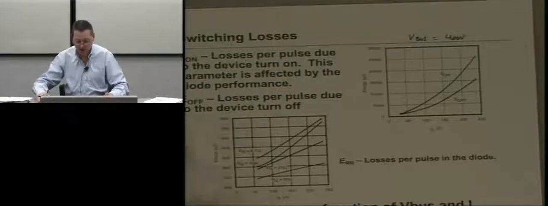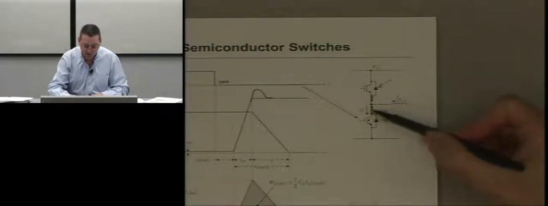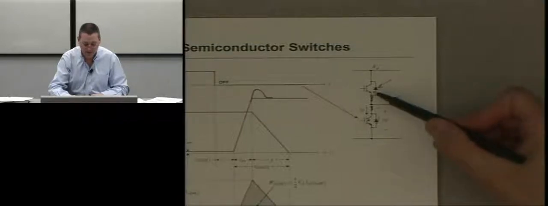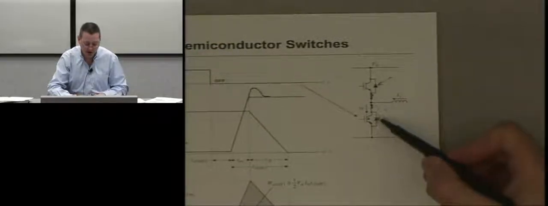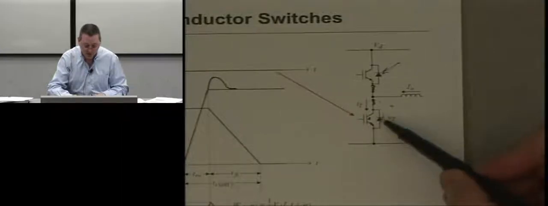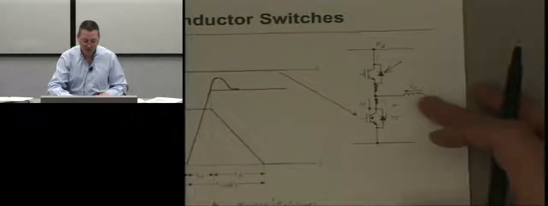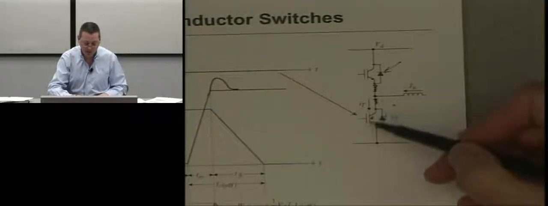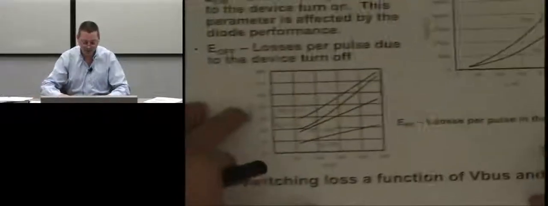If I have a relatively slow diode and I'm turning this device on, the losses appear in this device rather than the diode, right? So it's hard to characterize the IGBT by itself with its own body diode. So it's always assumed that the circuit is a half bridge and that you're using the IGBT with a corresponding device on the opposite side.